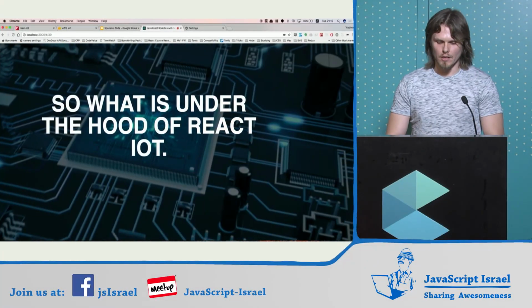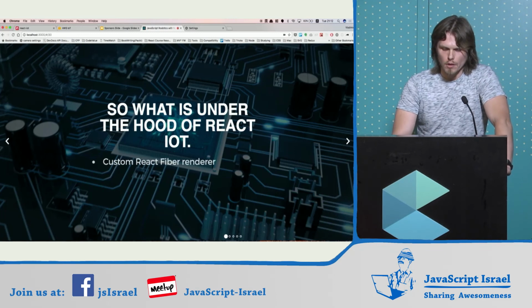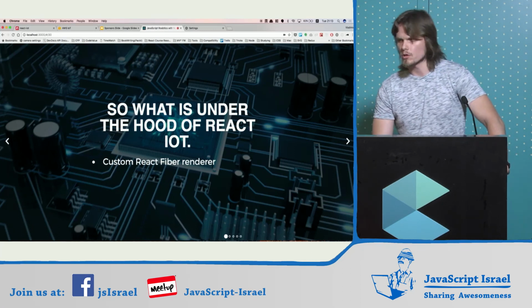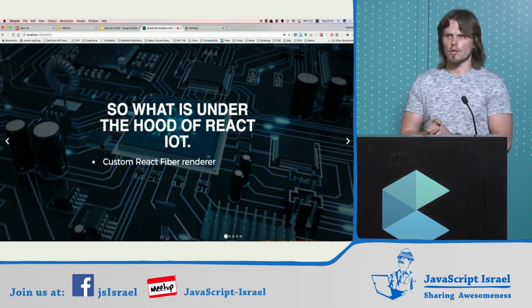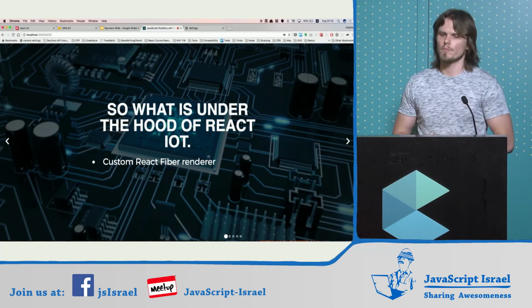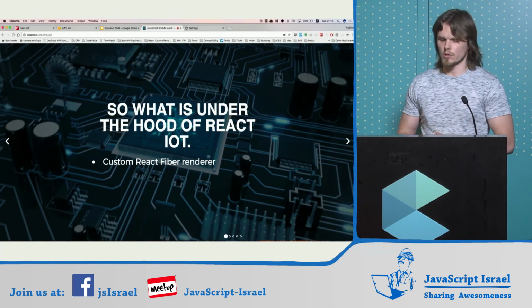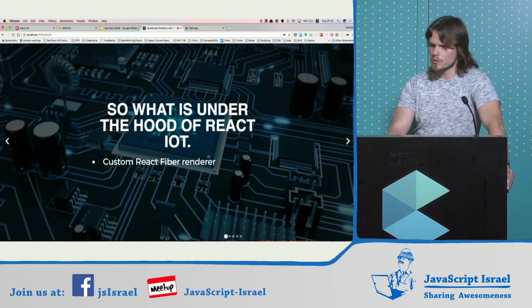Okay. So what is under the hood of React-IoT? It has a custom Fiber renderer. React initially started with a stock renderer, the React renderer. Basically, what it does is calculate all the diffing mechanism. In recent months, React got updated with a new diffing mechanism called Fiber.